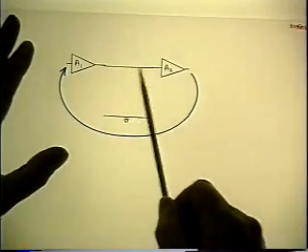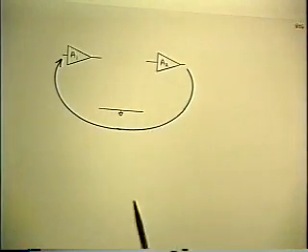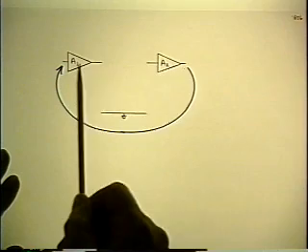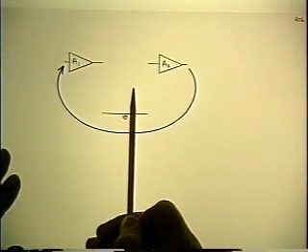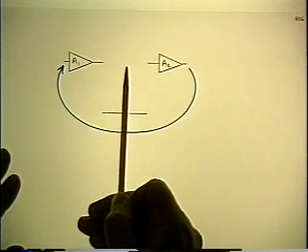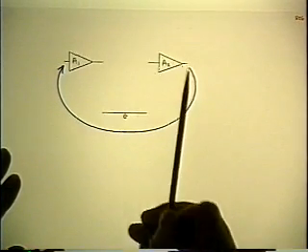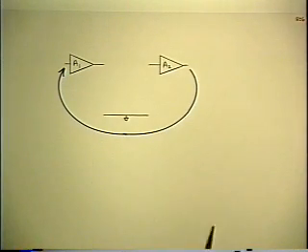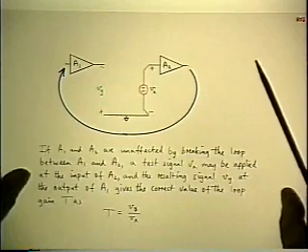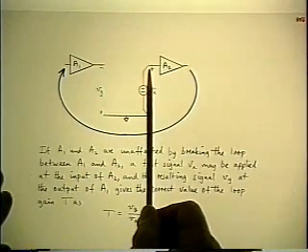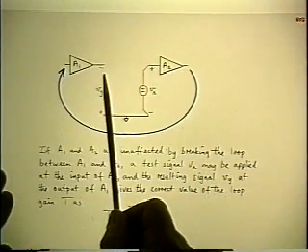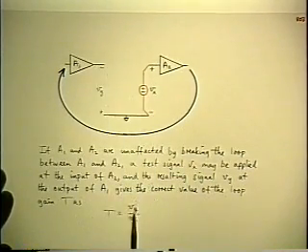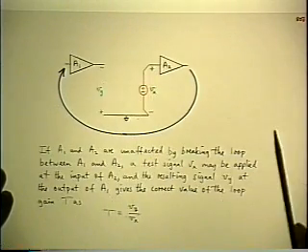So now, assuming that this is a point where I can break the loop such that the values of A1 and A2 don't change, that's the constraint, that's the requirement. I'm assuming now this is a point where that's true. Having done that, I've avoided the difficulty of upsetting the loading, and I can now calculate the loop gain by applying a test signal at this point, and all I have to do is follow it around the loop back to this point and call it Vy, and Vy over Vx is the loop gain.